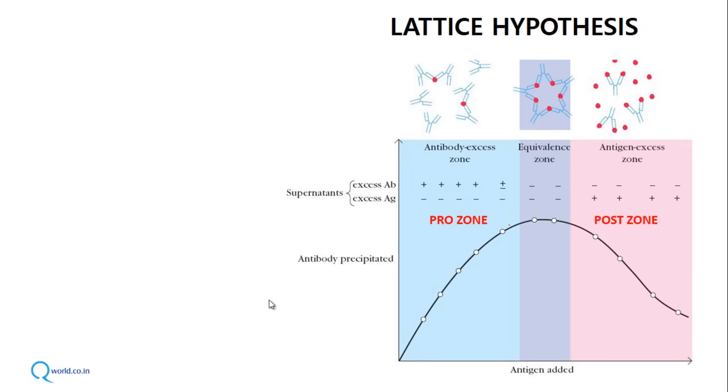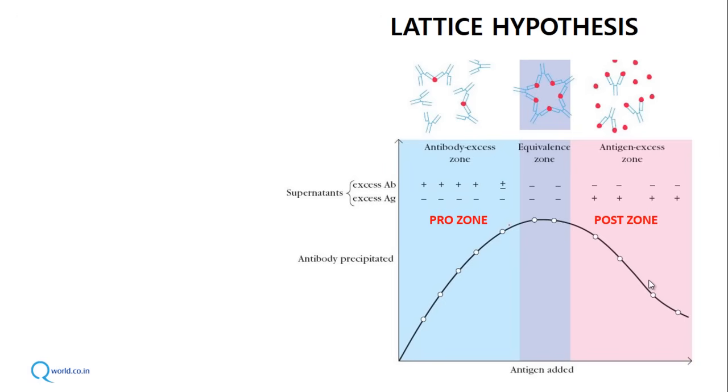According to Marrack's lattice hypothesis, when the serum containing antibody is serially diluted and gradually the antibody levels decrease as you go from this side to this side, and a fixed quantity of antigen is added to such a set of test tubes containing serially diluted sera, it is observed that antigen antibody reaction happens only in the middle set of test tubes.